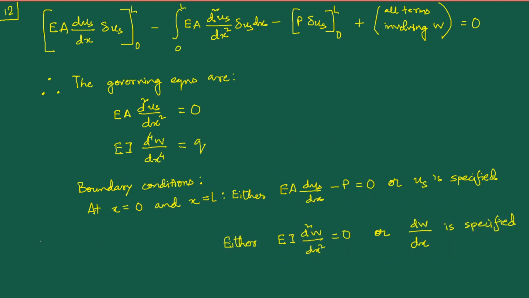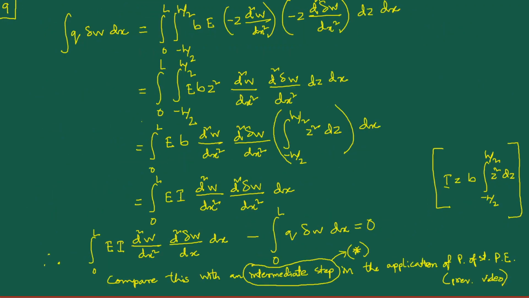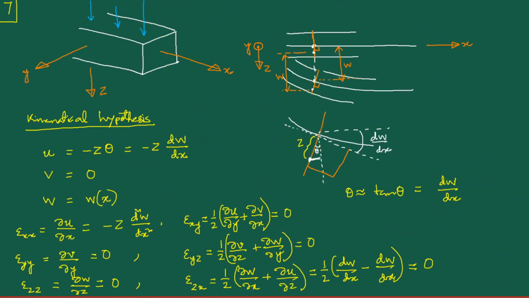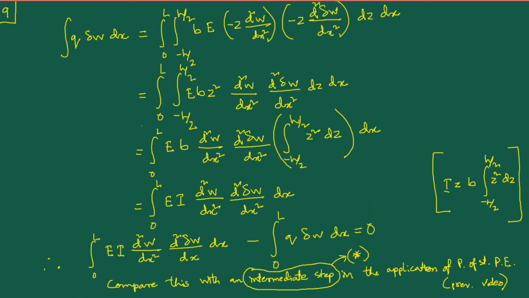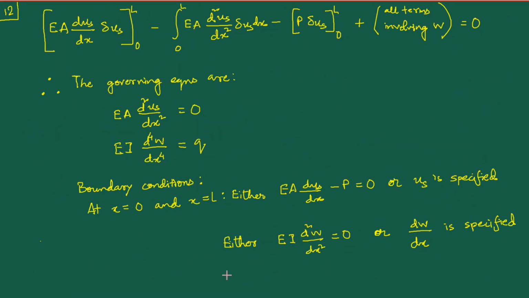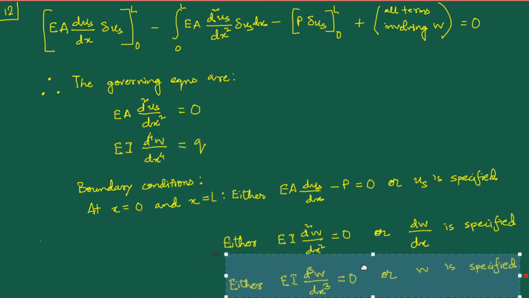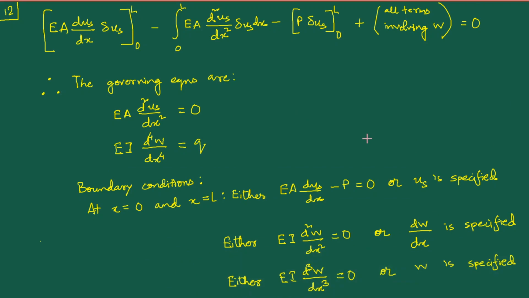So this, along with whatever else was present here, which is this one. Okay, so at x equal to 0 and x equal to L, I can write this in slightly more compact fashion. It's like this.